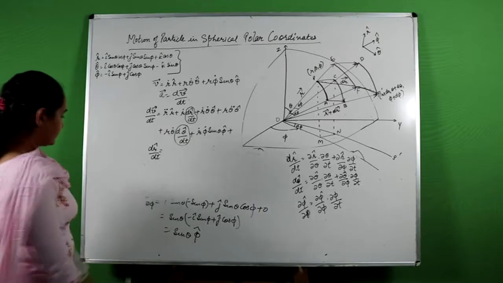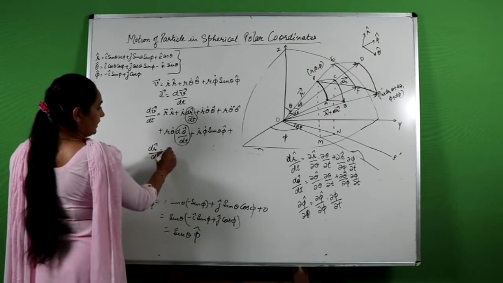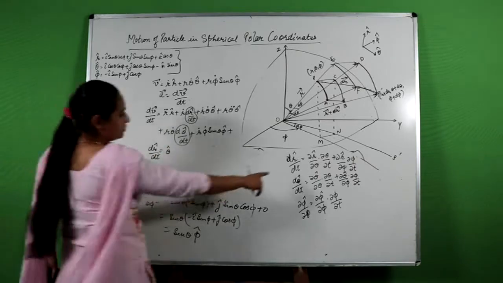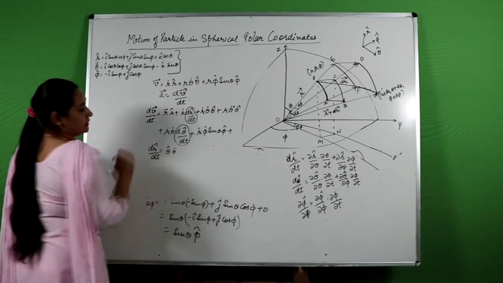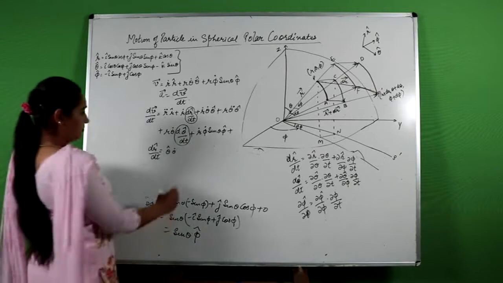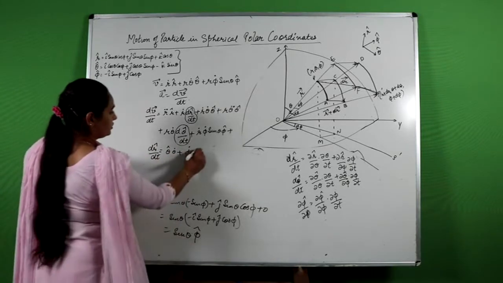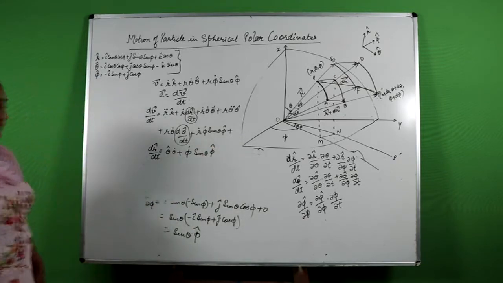dr cap by dt is ∂r cap by ∂theta, that I calculated as theta cap, into ∂theta by ∂t, that is theta dot, plus phi dot into sin theta phi cap.